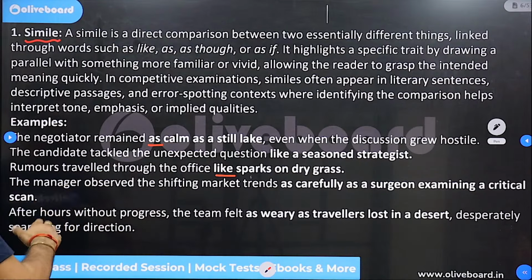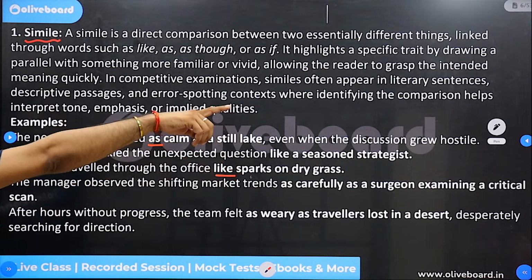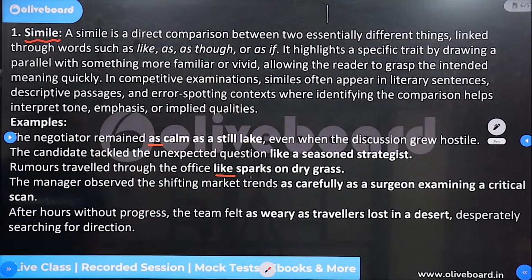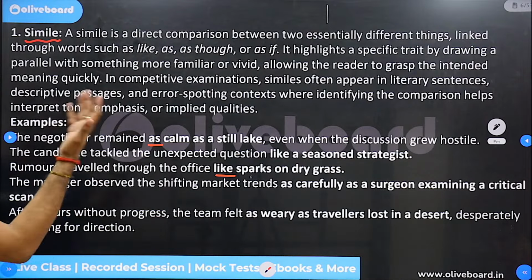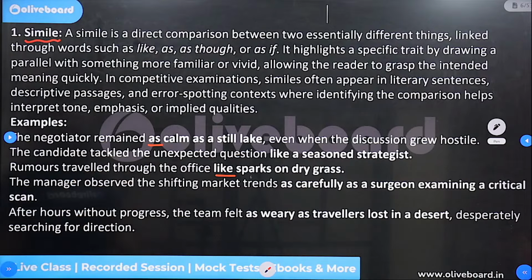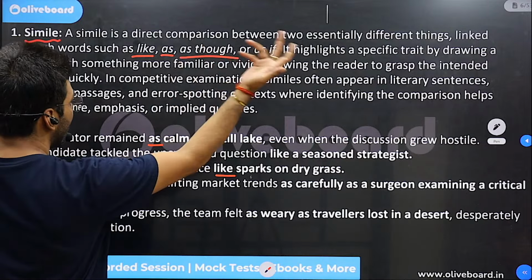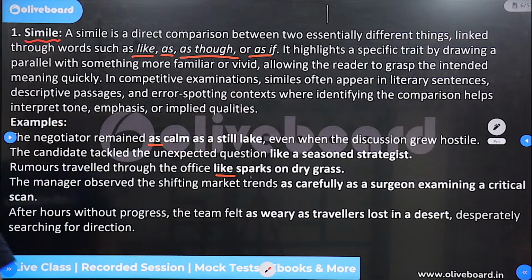We are not comparing humans with humans and calling it a simile, but you are, or you look like moon. In every language we compare the moon for beauty. So simile is a direct comparison between two different things, linked through words like as, like, as if, as though, and such.